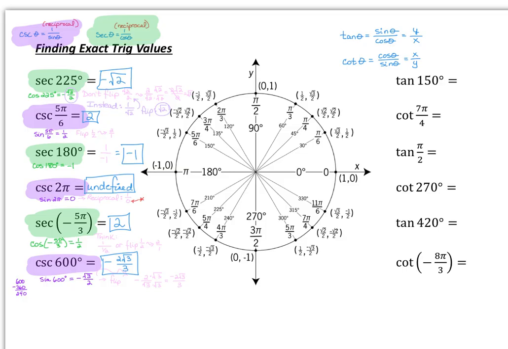You might want to pause the video, but I'm going to go through all 6 of these angles and just write your x and y values here, but I'm not going to record me doing that. Remember that 420 is bigger than 360, so you'll need to subtract 360. Negative 8 pi over 3 is more than 1 full negative rotation, and so you'll also need to take those 2 things into consideration.